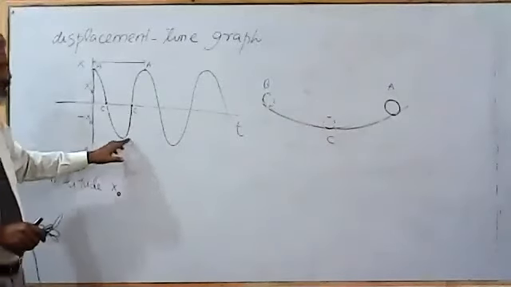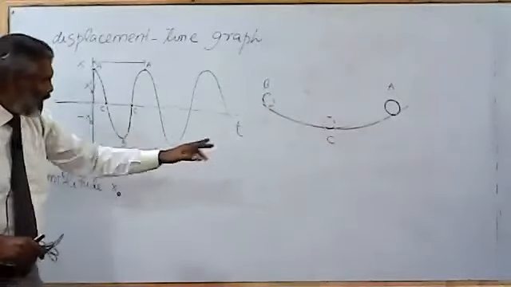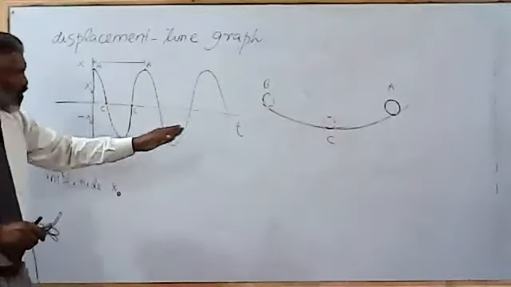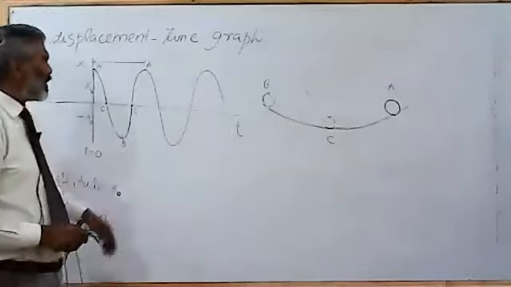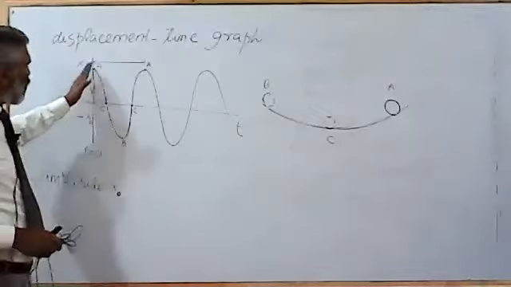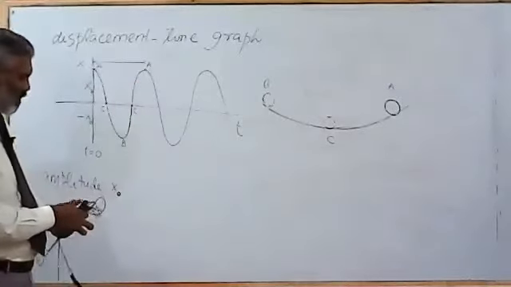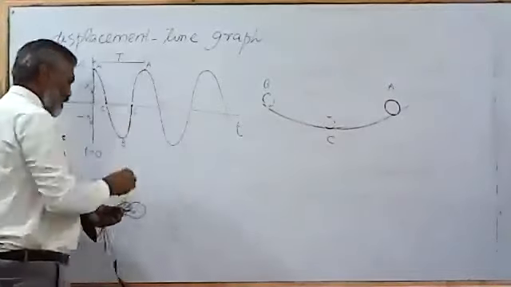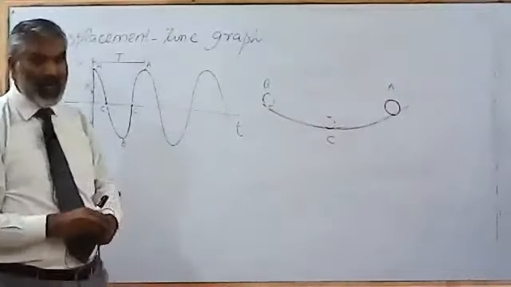And when it rolls down to C again, it is this position, this instant, and then it doesn't stop there. It rolls up to the other extreme, the same point where it started. So one oscillation is completed during this time, so we label it as capital T. So this is the time period.